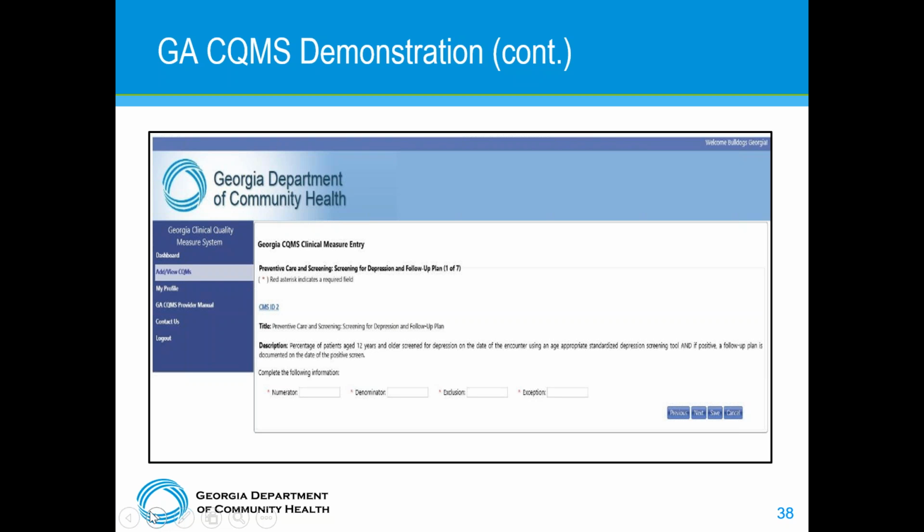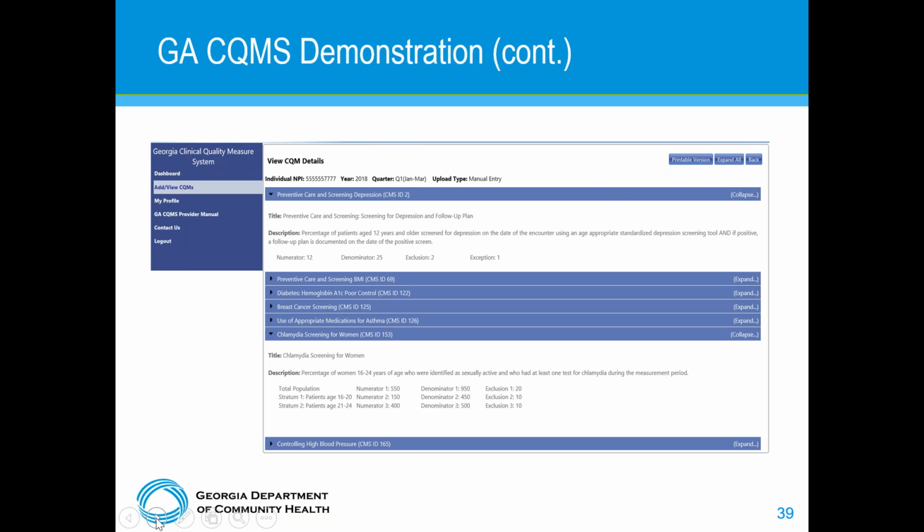We have data entry clerks where if you would provide the information in a PDF or an Excel spreadsheet, then we would bring that information, provided with your permission, to put that information into the system. Again, we want to make this a very easy process for you. Next slide.